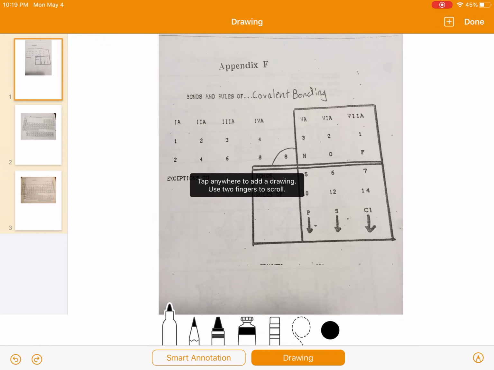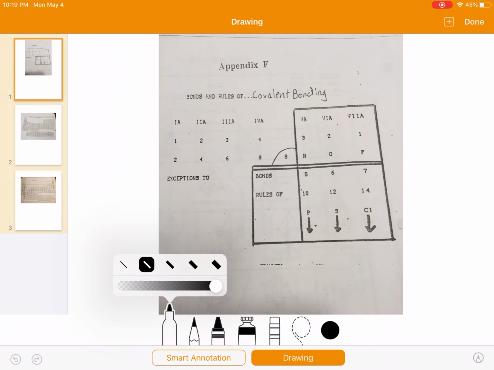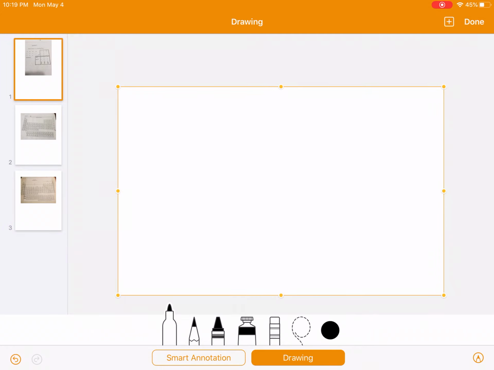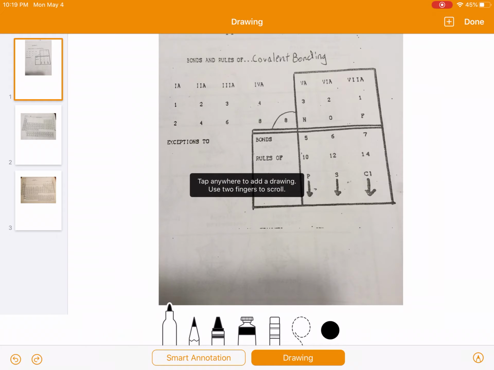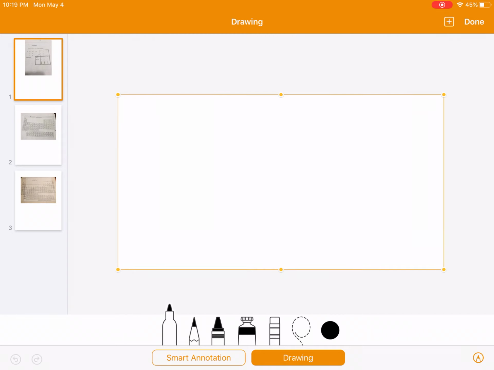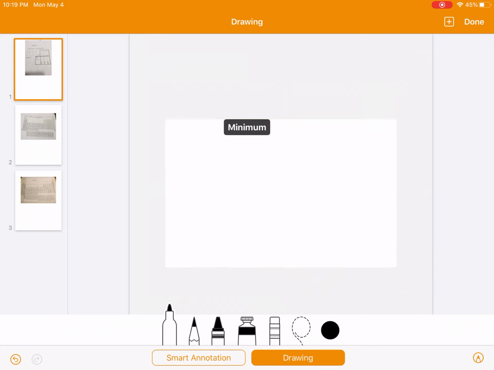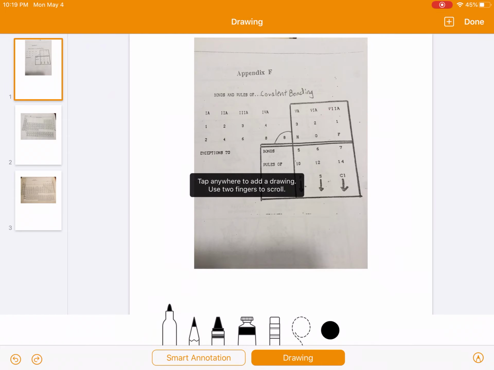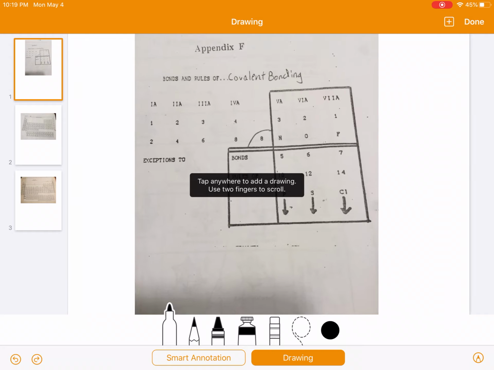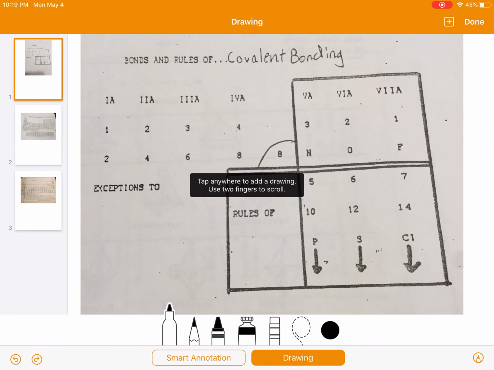So there's Appendix F, and the rules for each group are above. So you can see the rules for group 2A, group 1A, on the left-hand side.